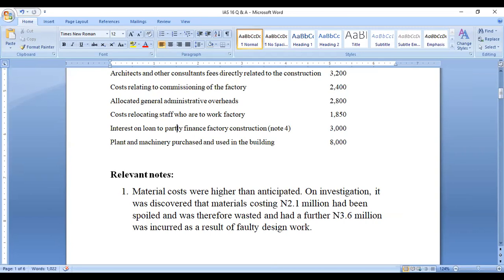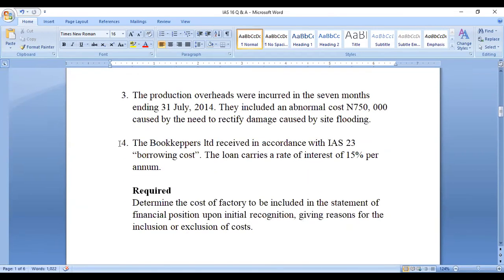Okay, ma. They received a loan of 20 million.